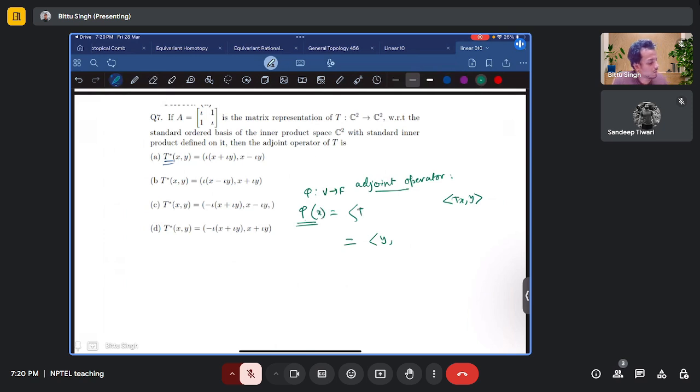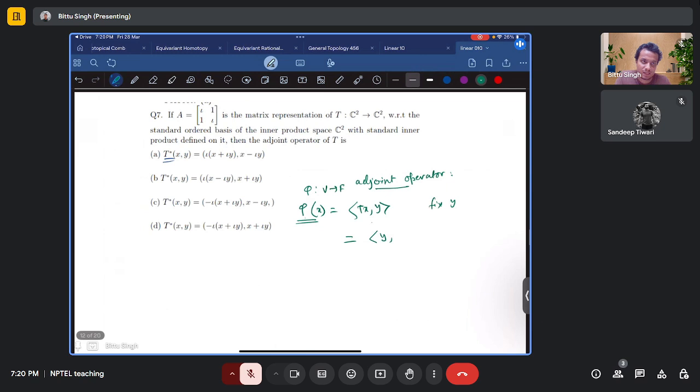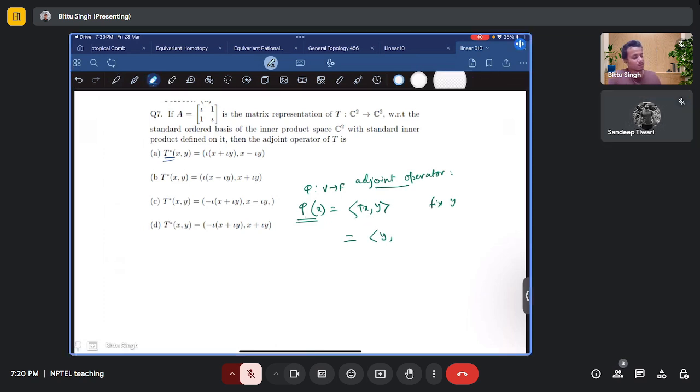Phi of x can be written as Tx comma y. This is a linear functional of x, so fix y. Now this is a linear functional. If you take x1 plus x2, you will get Tx1 comma y plus Tx2 comma y. So phi of x1 plus x2 is the same, and it is clear that it is a linear functional.